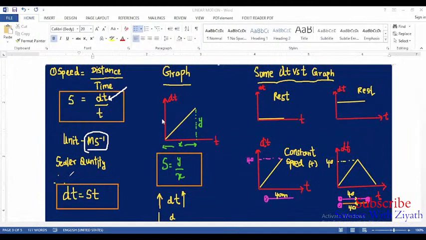And speed is a scalar quantity. What is a scalar quantity? A scalar quantity only contains a value or magnitude. For example, what's the time now? 5:30.